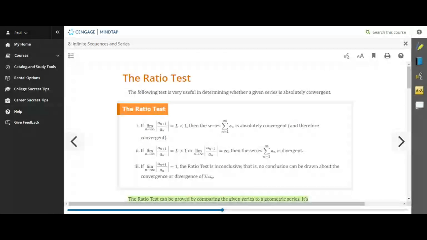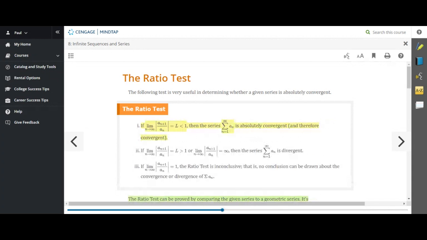Okay, this is the ratio test. And let's look at the test here. What does it say? It's saying, look at the ratio of a series. Let me highlight the first part here.